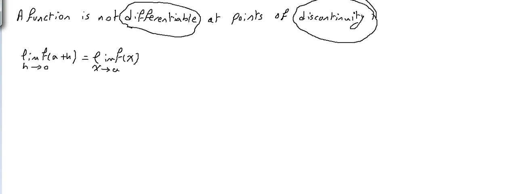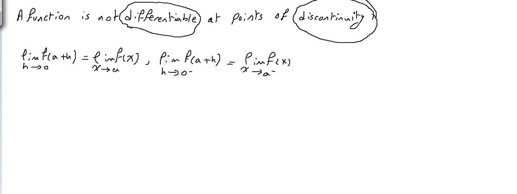So same thing here. And not only that, the limit of f of a plus h as h tends to 0 minus is the same as the limit of f of x as x tends to a minus, because it will be f of a minus on both sides. Why?